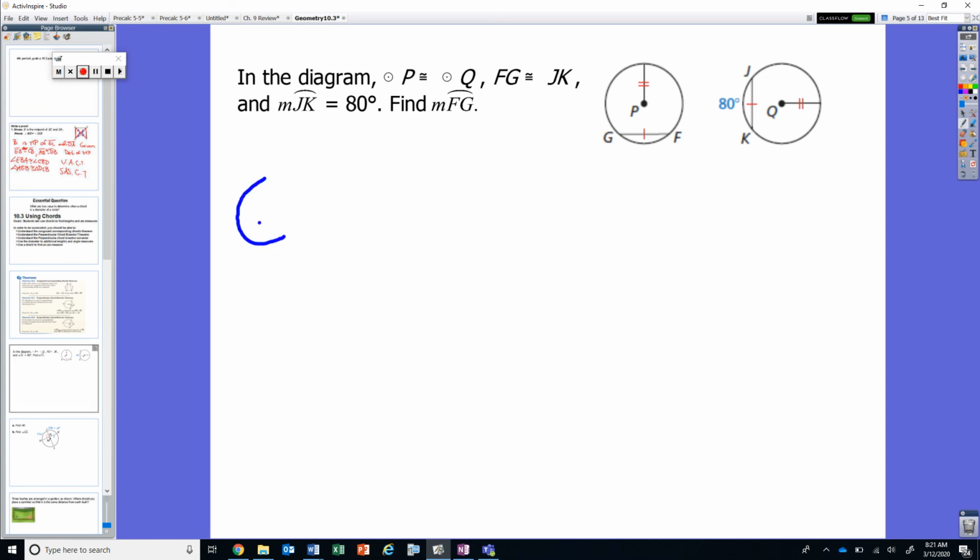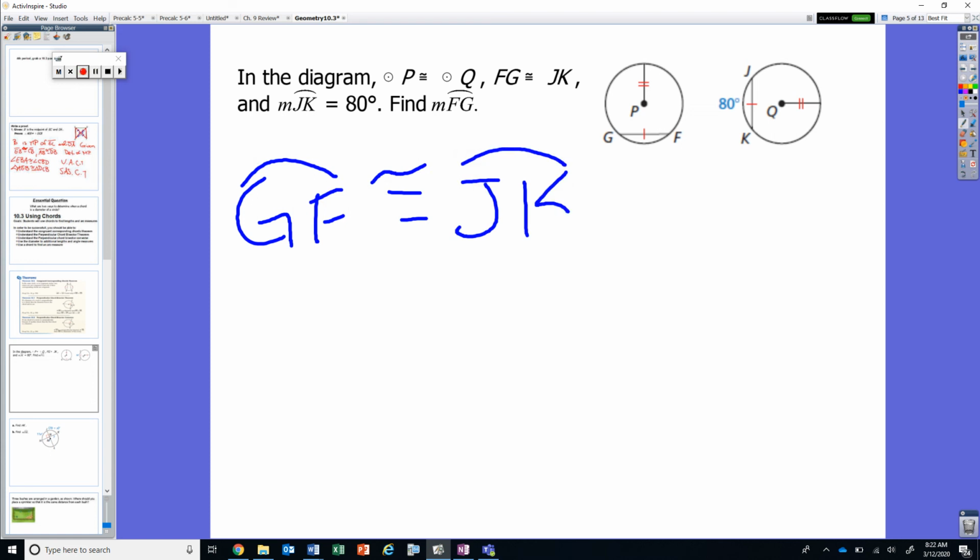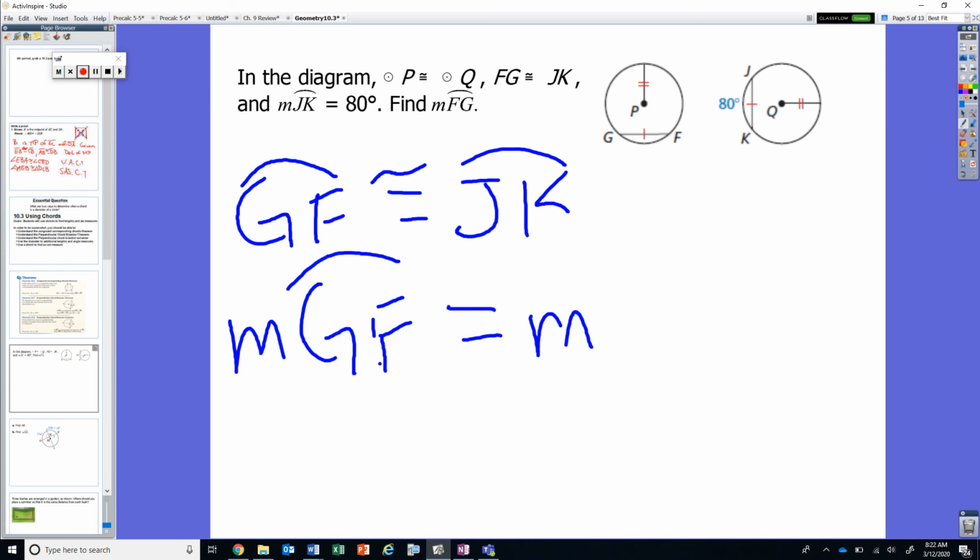arc GF is congruent to arc JK. And so if the two arcs are congruent, we can say that the measures of them are also going to be equal to one another.